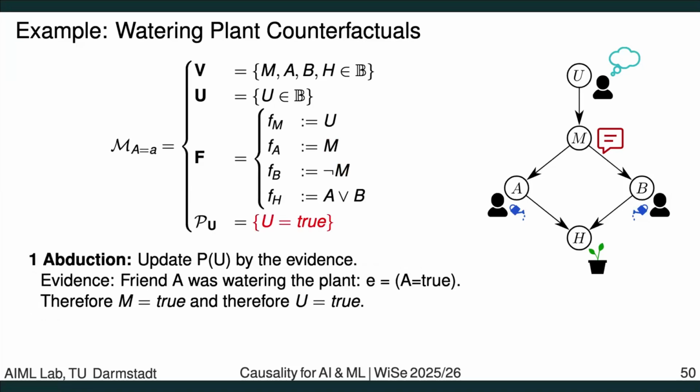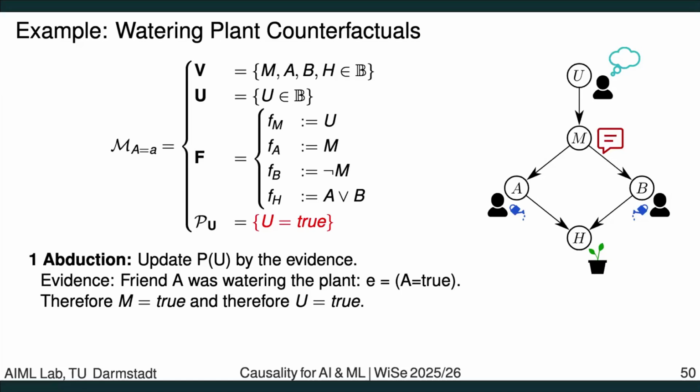So the first step is this abduction step, where we take our evidence, we saw friend A watering the plant, and reason about what this means for our U. I drew it with a full line, but maybe this is unobserved for some reason.